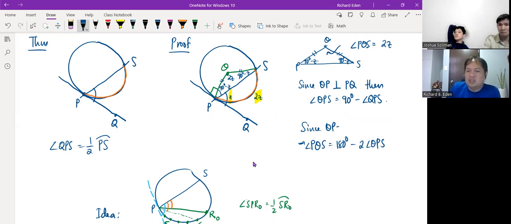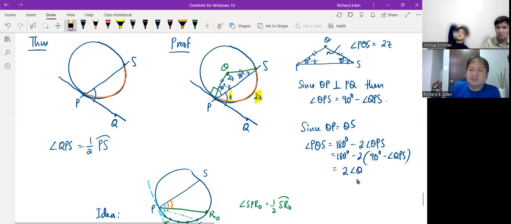Since OP equals OS, since we have that isosceles triangle, POS is 180 minus twice OPS. So we get 180 degrees minus twice, 90 degrees minus angle QPS. So this ends up being twice angle QPS, so twice Z.